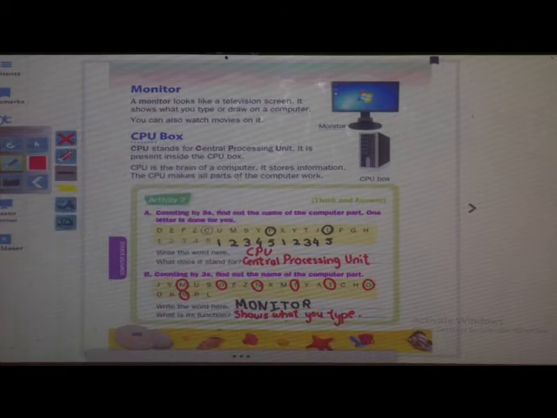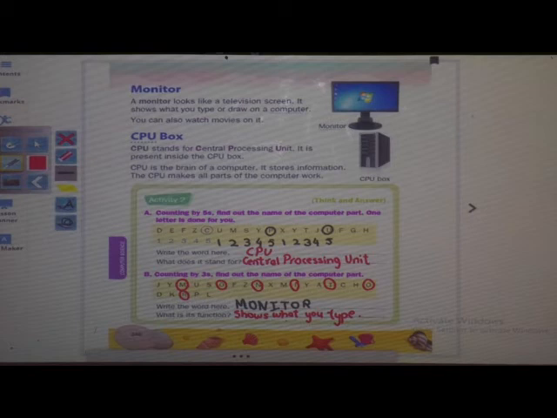If you want, you can write "or draw" in front of that. DRAW, draw. Okay, it shows what you type or draw.